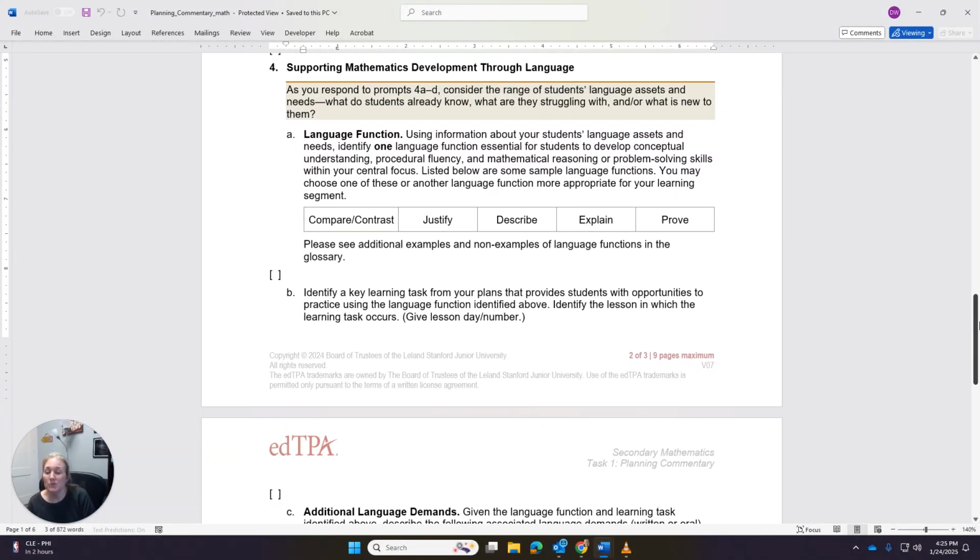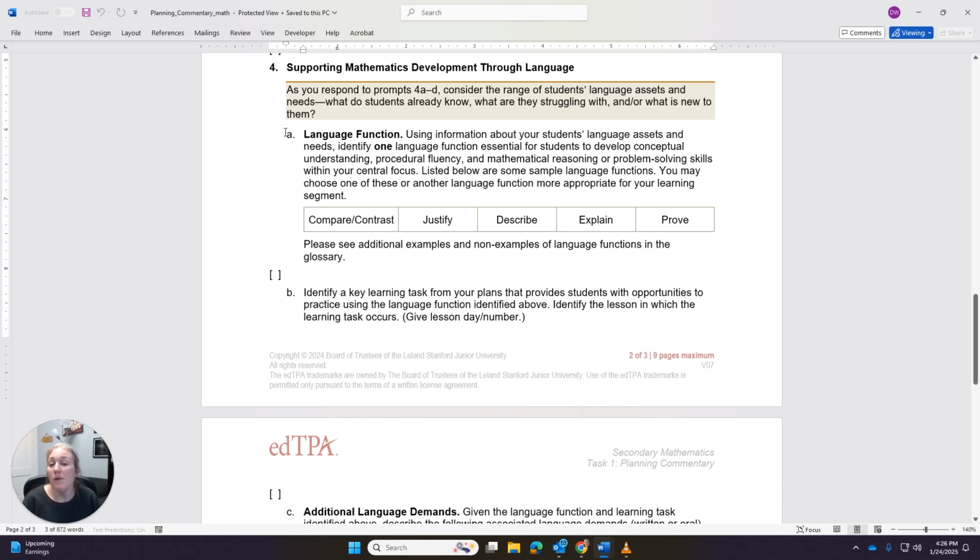Now, prompt 4 is a little bit different than the other prompts. So prompt 4, several of the questions you are not going to write a whole lot for. You may even write just one word or one sentence. So when we talk about language function, a lot of times when you look at either your state standard or your objective, it's going to be the verb in many cases.